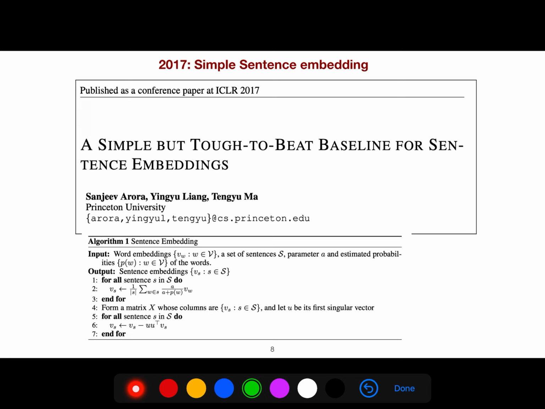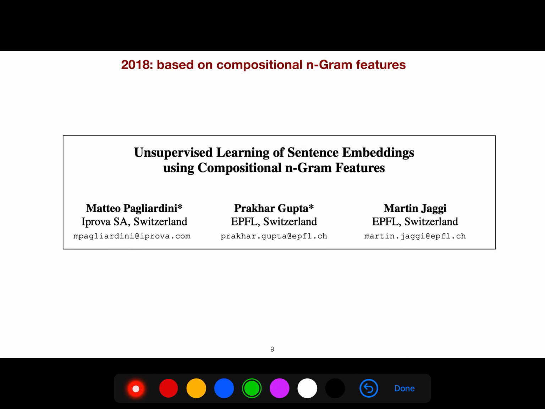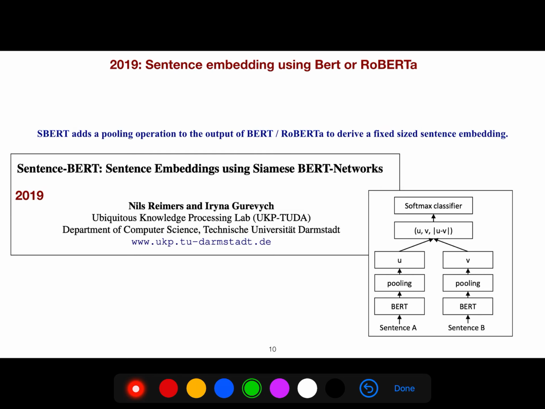They just use these word embeddings and then a linear combination of them. And then once you have the matrix X, you get the singular vectors, and if U is your first singular vector, you can create these embeddings. Another idea is just using n-gram features, which is based on compositional n-gram features.